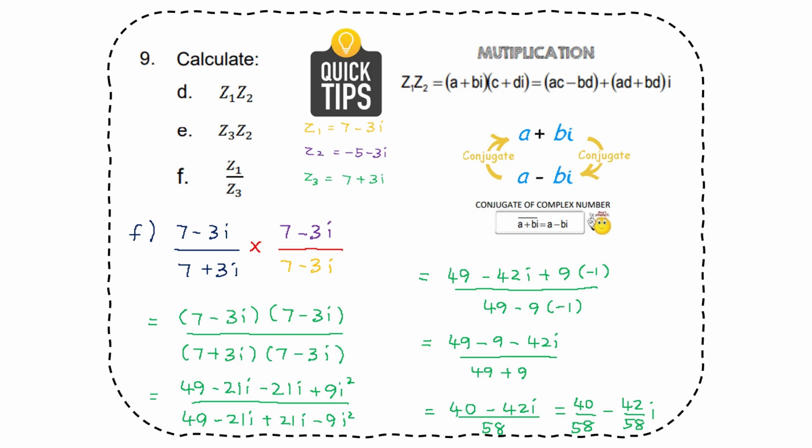So our last answer will be equal to 20 over 29 minus 21 over 29 i.